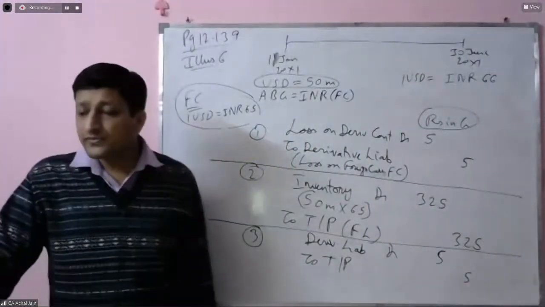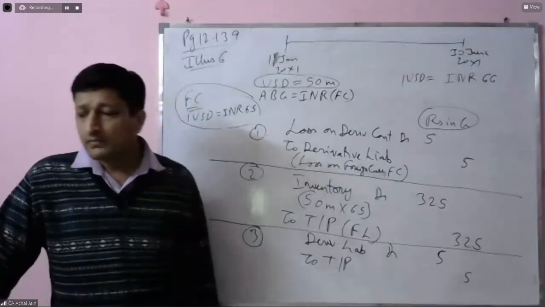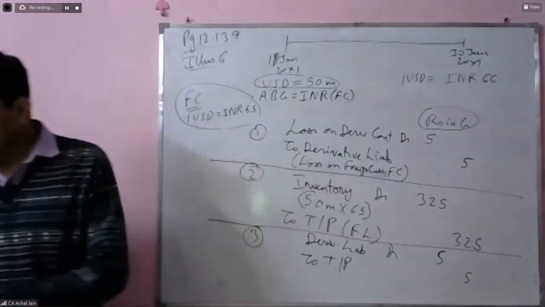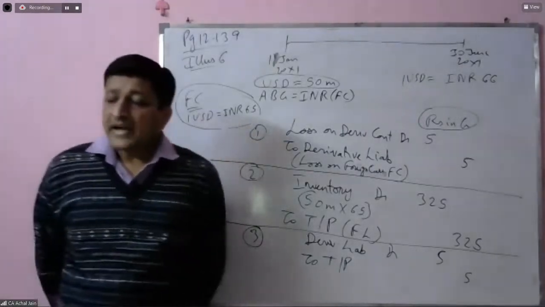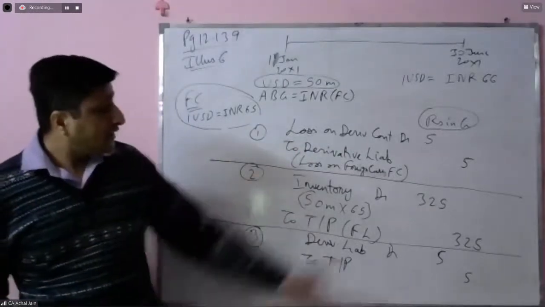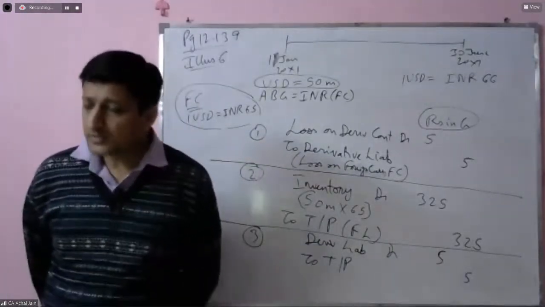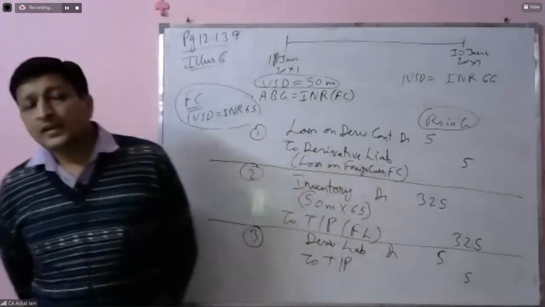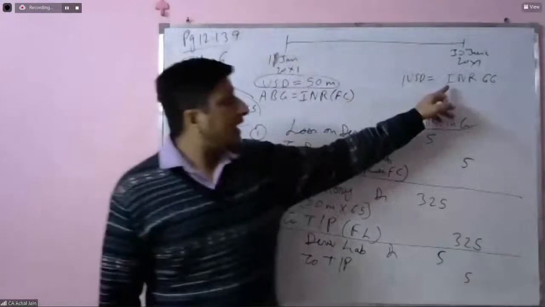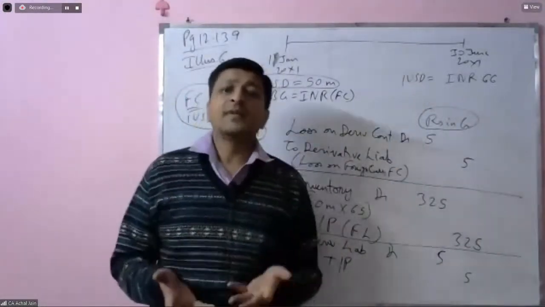It's the reclassification of derivative liability to the trade payables on the settlement date. Now what's the effect? The financial liability at the date of delivery is 325 plus 5 crore. It's increased to 330 crores, which is equivalent to 50 million USD settled at 66 per USD.